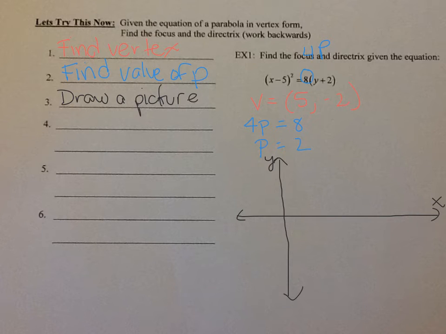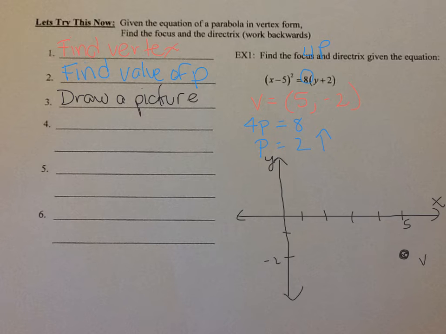All right, so I have (5, -2) is my vertex. 3, 4, 5, and -2. -1, -2. So plot that point, put a little V there for vertex. And now remember, my p-value is a +2, so that means it's up 2. So now let's plot the focus according to that p-value.